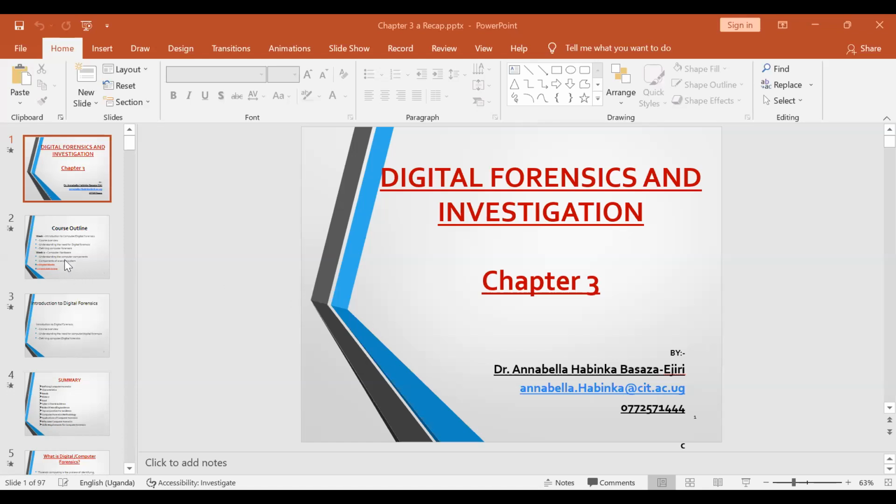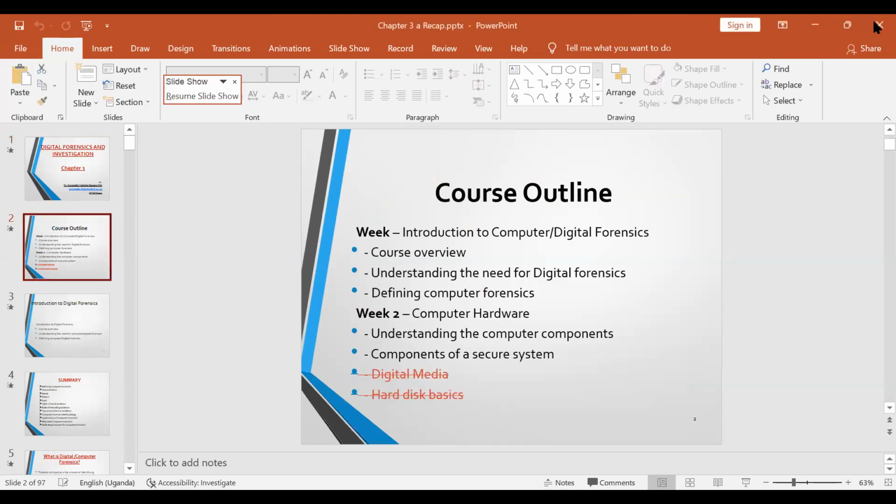It appears quite big, but it has again our guiding outline of doing a quick recap as to where we were. Chapter 1, we had seen our overview, defining, looking at the steps, but even this chapter 3 looked at the digital forensic steps or that life cycle.